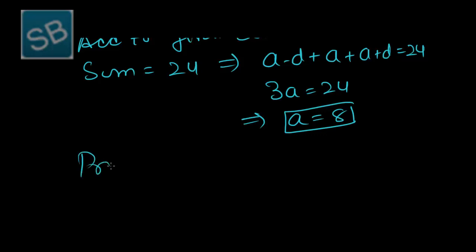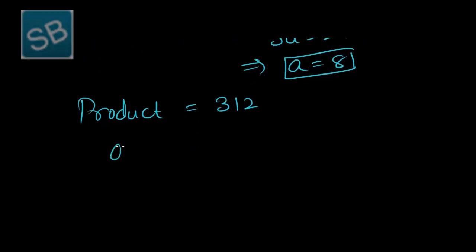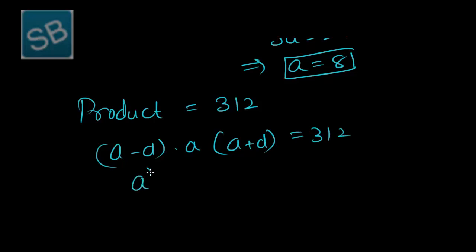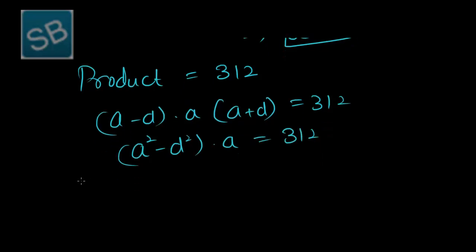And the product is 312. So the product will be A minus D into A into A plus D is equal to 312. That is A into A square minus D square is equal to 312. So we get 8 into 64 minus D square is equal to 312.